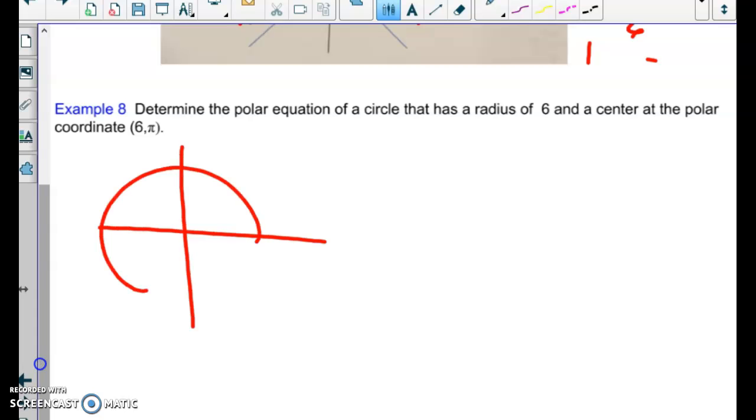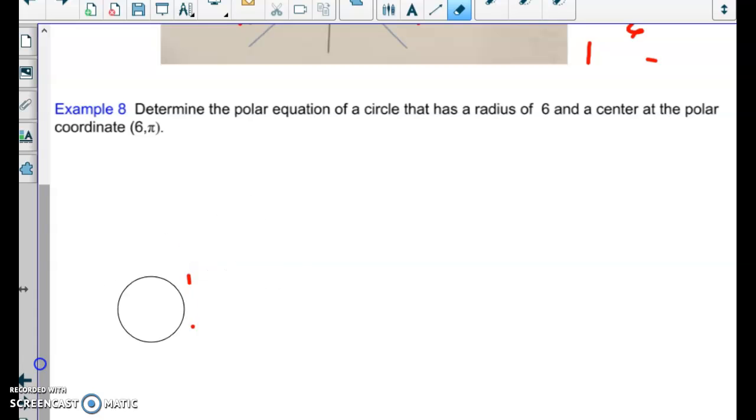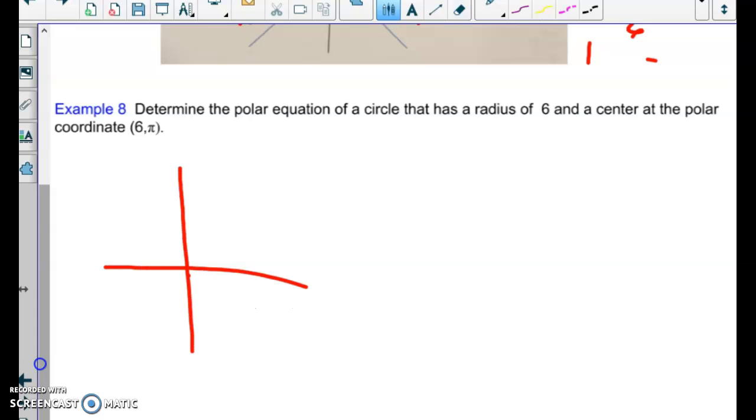So if I have my rectangular coordinates, or my polar coordinates even, doesn't matter, and I'm out there at angle pi, and my radius is 6, that's what my graph is going to look like. So what I'm going to do here is determine the polar equation for it. We know this coordinate, and we know this radius.